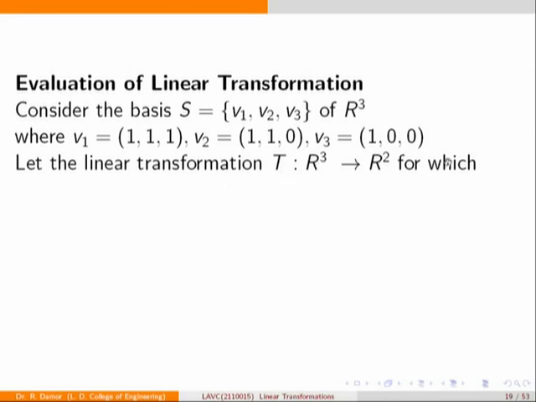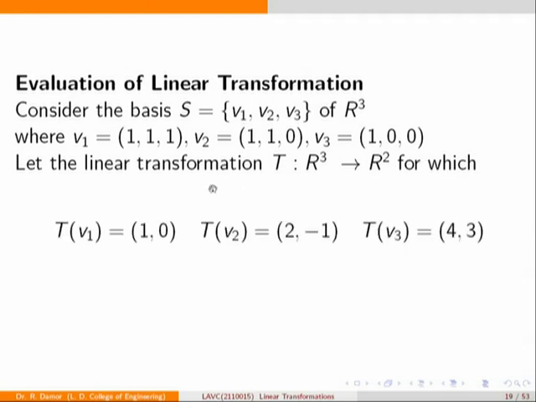T from R3 to R2, for which the image T of v1 is (1, 0), T of v2 is (2, minus 1), and T of v3 is (4, 3). So you know that your transformation is T from R3 to R2, and the basis for R3 is given.